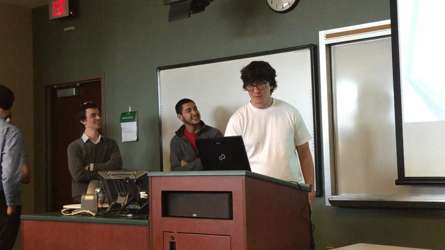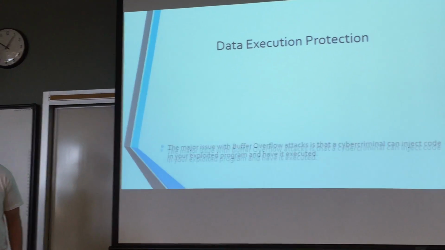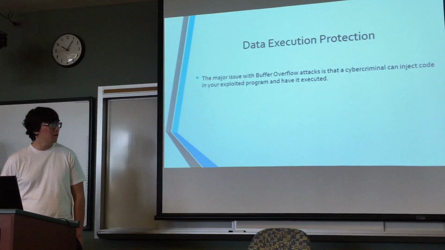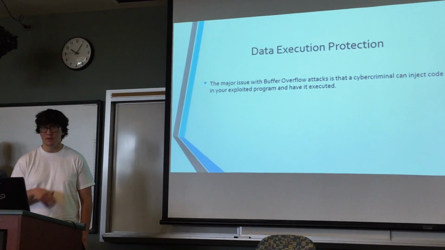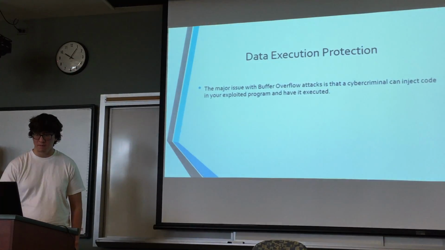Second to last. Our next protection is data execution prevention, and it's pretty straightforward. One big issue with buffer overflow is that cyber criminals can just inject code and exploit the program entirely.